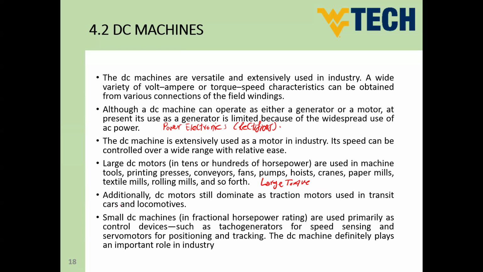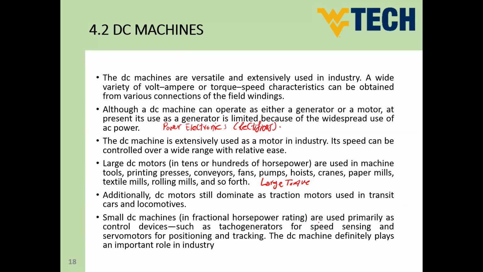Additionally, DC motors are still dominant as traction motors used in transit cars and locomotives as well. So this is also one more application for the DC machine. Small DC machines, guys, can be found in industry in fractional horsepower. You can find very small rating DC machines in the toys of kids.